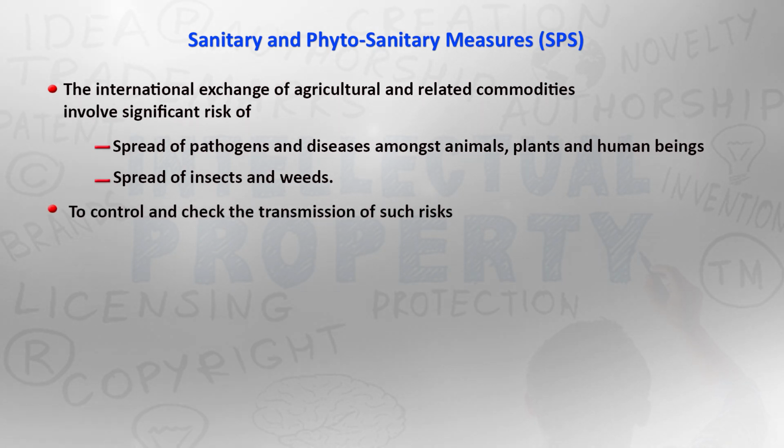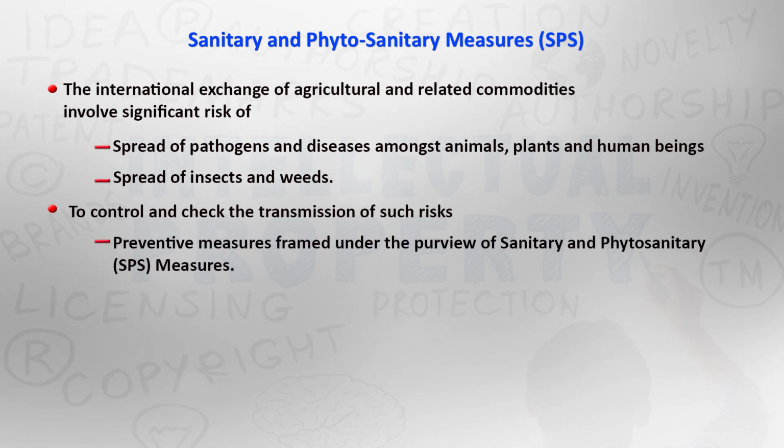To control and check the transmission of such risks, preventive measures were framed under the WTO under the purview of the sanitary and phytosanitary measures, the SPS measures.